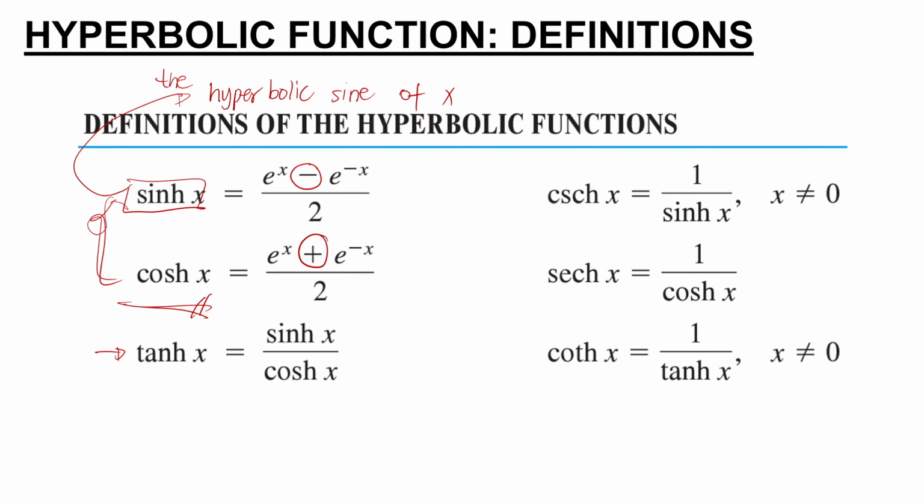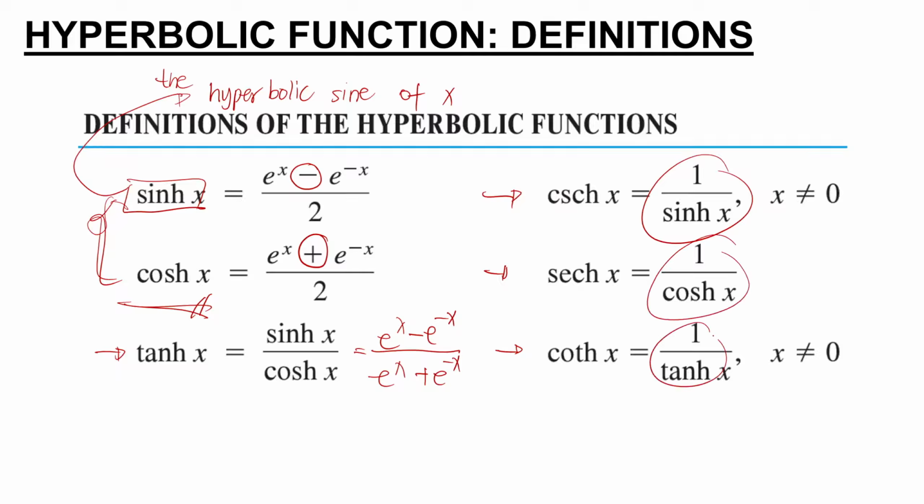Hyperbolic tangent x is just the hyperbolic sine x over hyperbolic cosine x. Or if we rewrite this into the exponential form, this is just equal to e raised to the x minus e raised to negative x all over e raised to the x plus e raised to negative x. And similarly, the hyperbolic cosecant, secant, and cotangent are just the inverse, the opposite of the other.